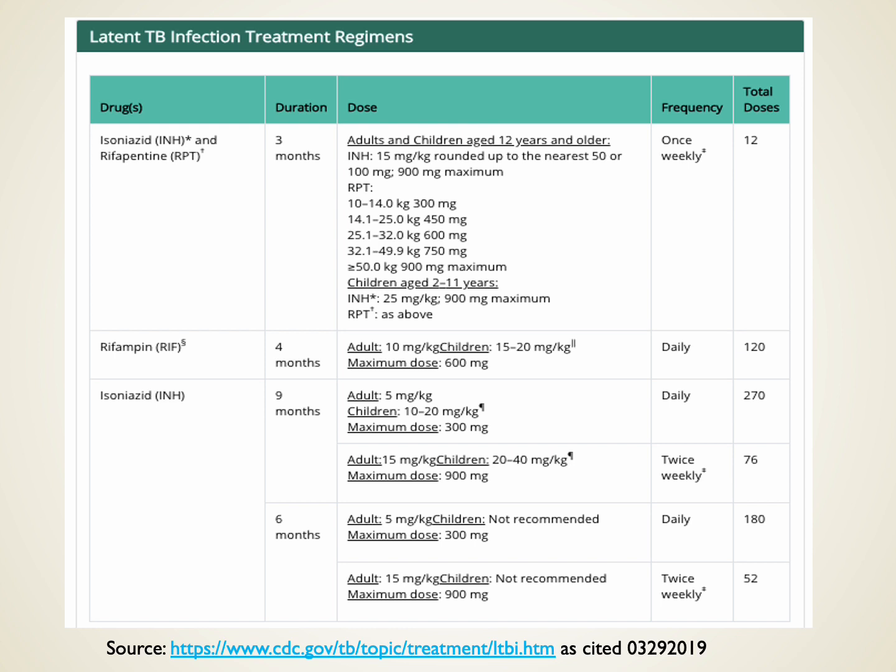The more common regimens that we'll see used for latent TB in non-complicated patients include either a combination of rifampin and isoniazid, or more often rifampin or isoniazid alone.